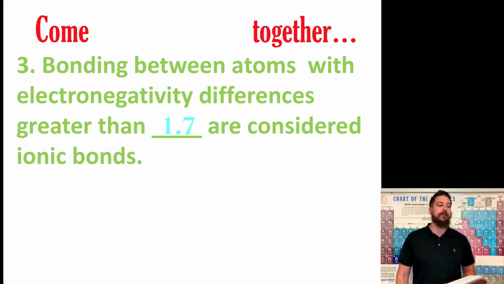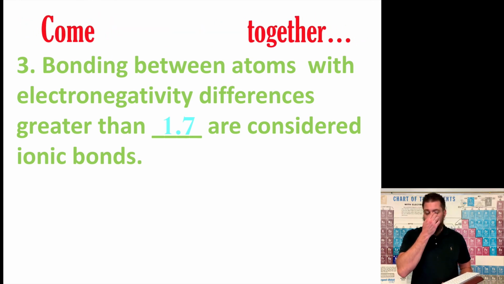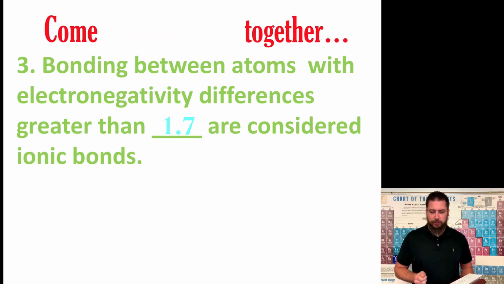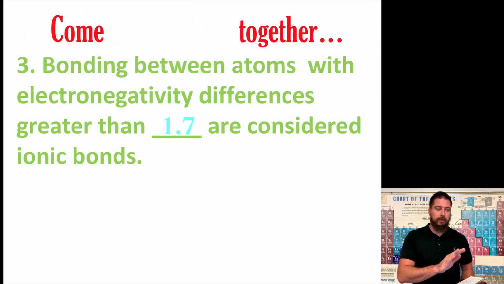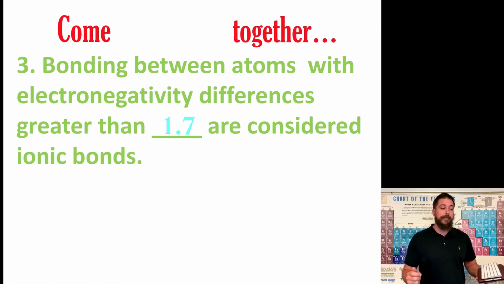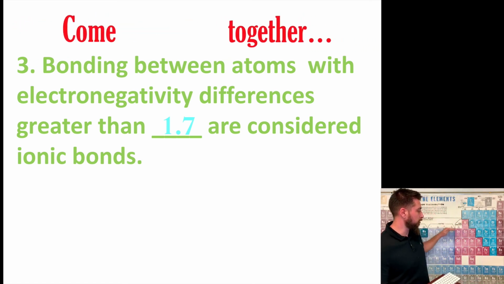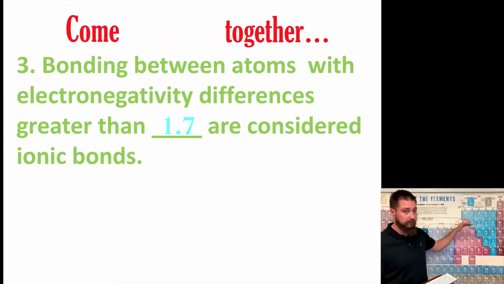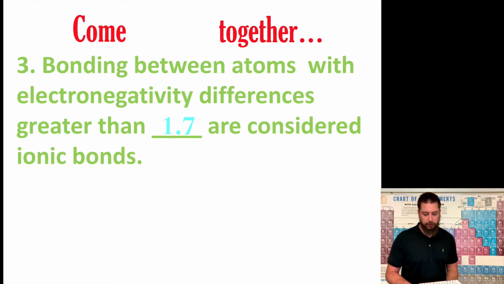Bonding between atoms with electronegativity differences greater than 1.7 are considered to be ionic bonds. In some situations you might see a different cutoff than 1.7, but generally, at 1.7 or greater, you have an ionic bond. So as you get a larger difference in electronegativity, you're going to get elements that are completely removing those electrons.